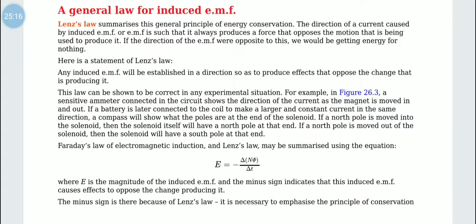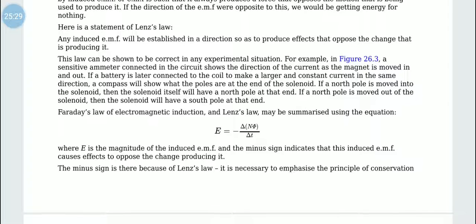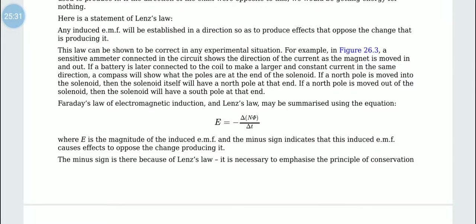So the EMF is being produced so that the direction of the effect is in the opposite direction, right? In any experimental situation, this will be proven because this is a law.